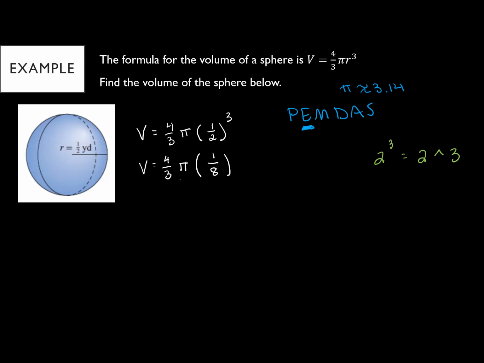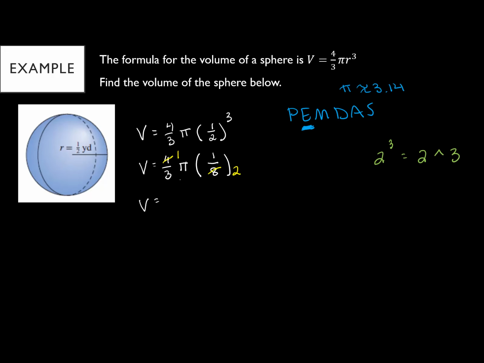So now we're moving on to our multiplication, and we can do the multiplication of the fractions before we throw pi in there, because pi is like its own little symbol, so we can deal with the fraction stuff first. And I can reduce. I can divide the 4/4 and the 8/4, which would give me a 2. So that makes it a little bit easier here.